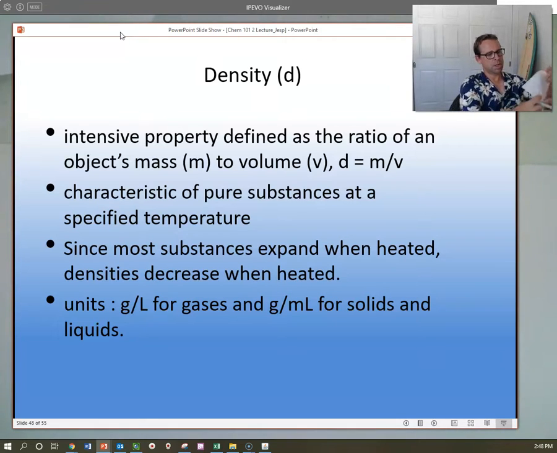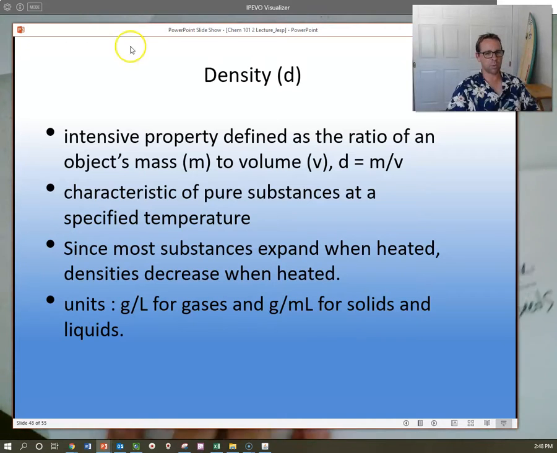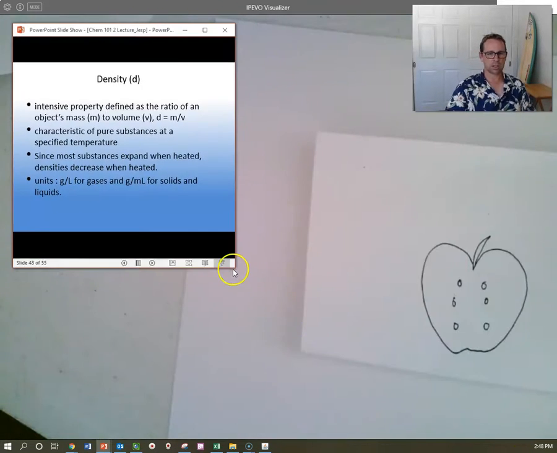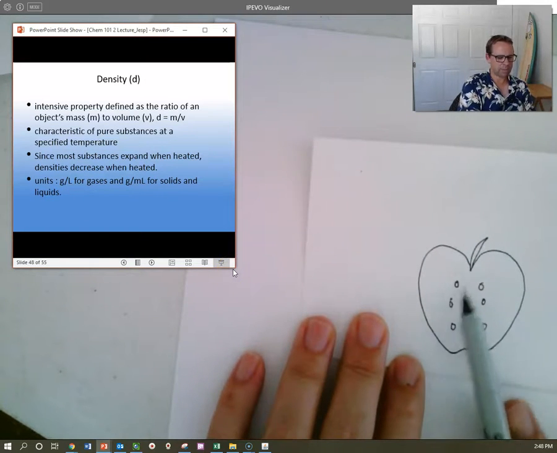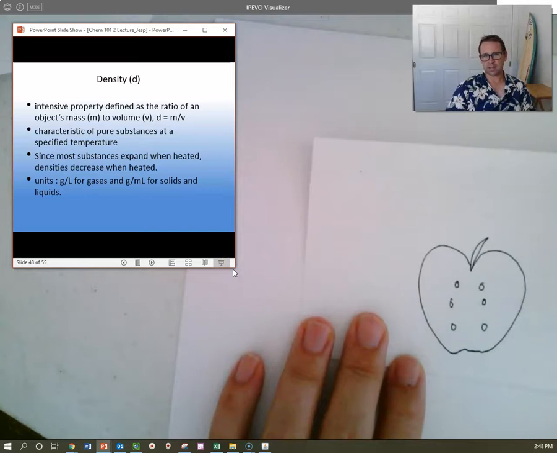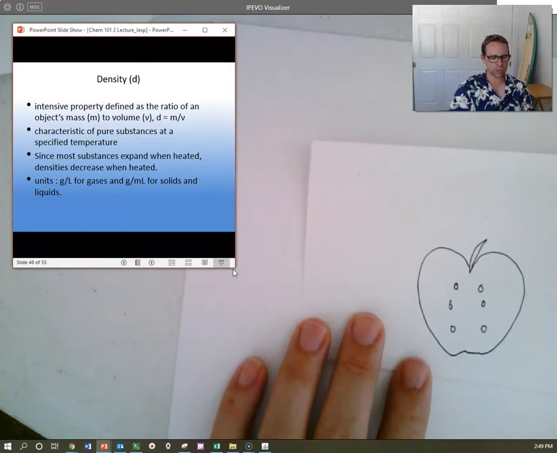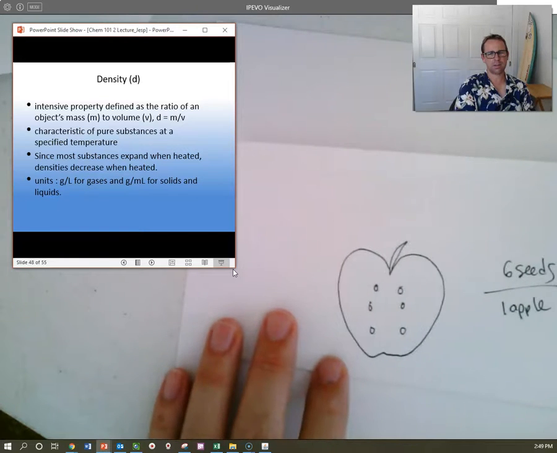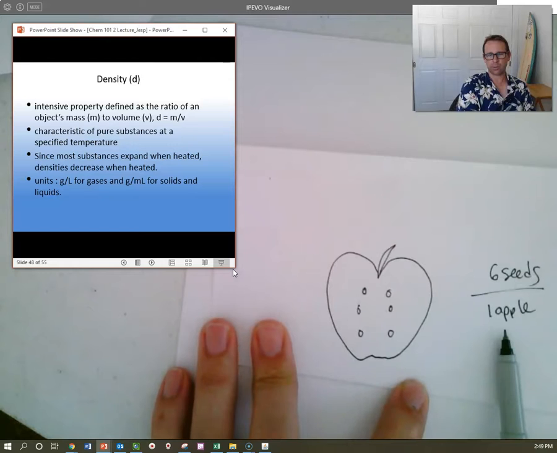So one way of thinking about our conversion factors is if I draw an apple here, and if I show the apple having 6 seeds, right? Well, we can create a conversion factor that says there are 6 seeds for every apple. Okay?